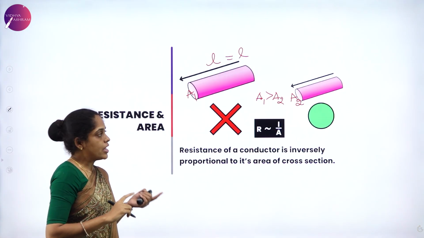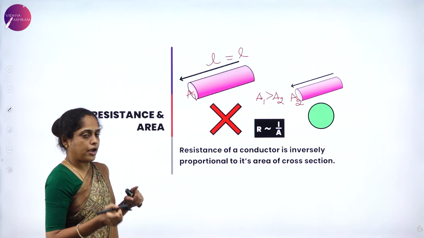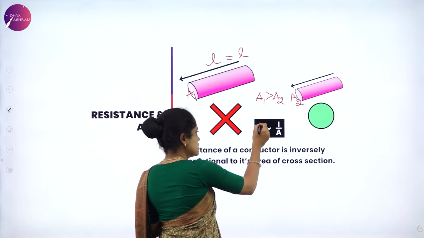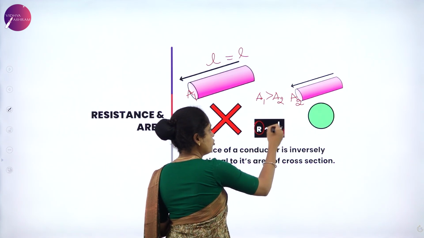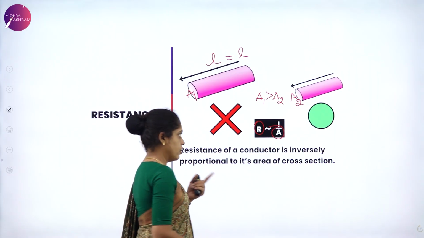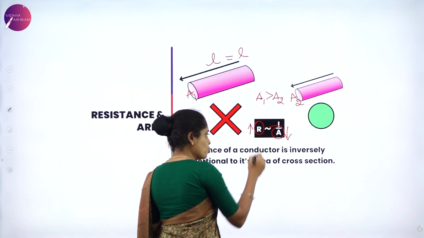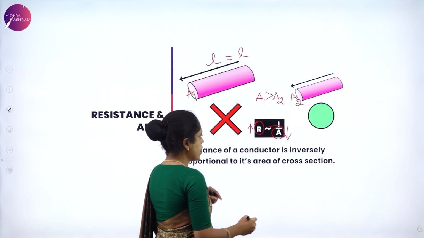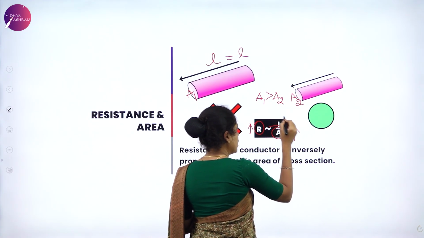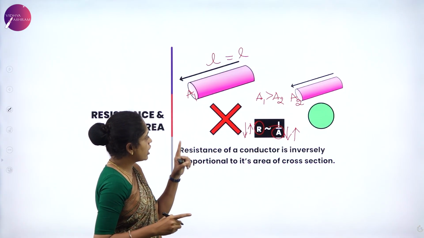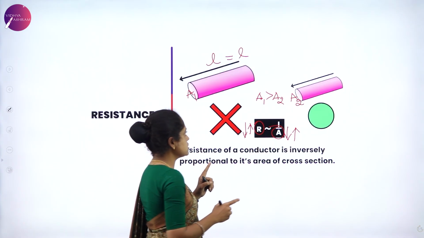Length is same, area is different, and you know how the resistance depends upon the area. Resistance is inversely proportional to area. If area is less, resistance is more. If area is greater, then the resistance is less. So for which conductor the resistance is less?